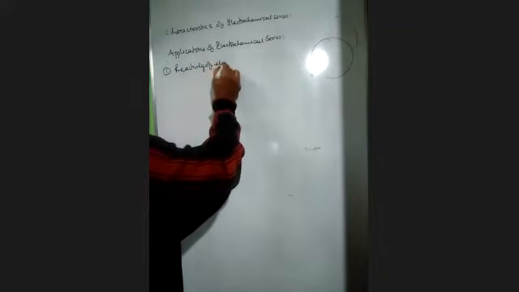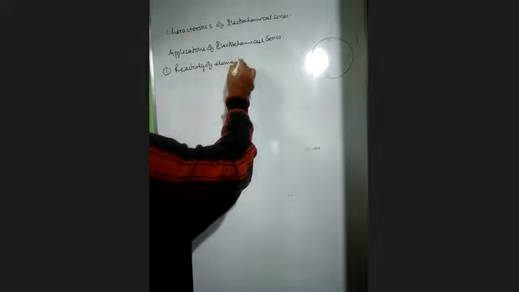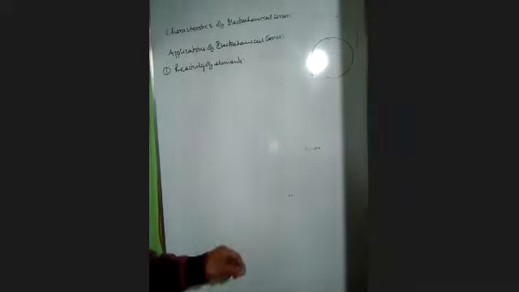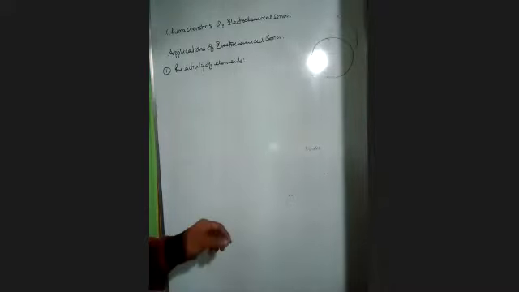First, reactivity of elements. Something you know, elements can act as oxidizing or reducing agents. Elements with lower value of reduction potential, it may be negative or less positive, are going to act as a reducing agent. And elements with higher value of reduction potential, it may be less negative or more positive, are going to act as an oxidizing agent.